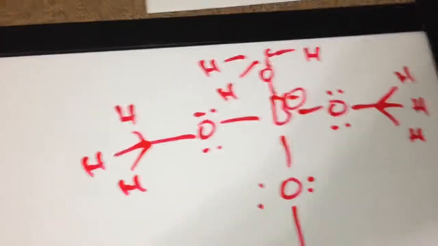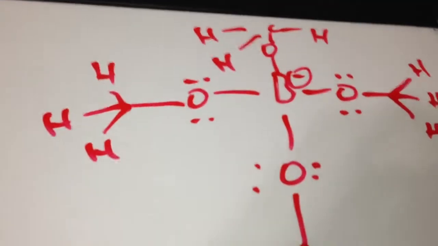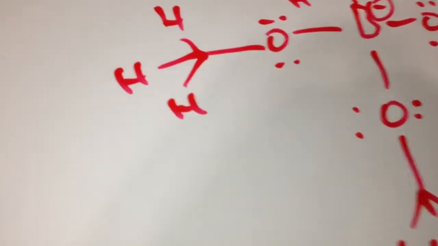Yeah, sorry it's so messy, but as you can see, just oxygen, carbon, H, H, H, all over it. Okay, so once that happens, you have your product right now.